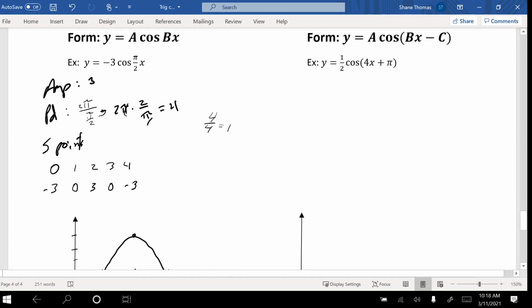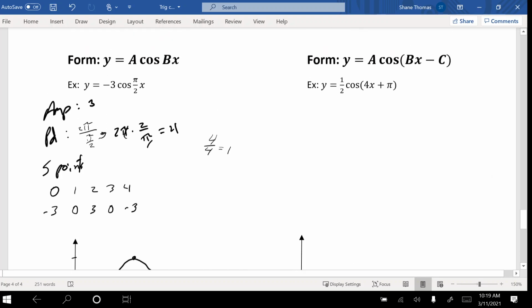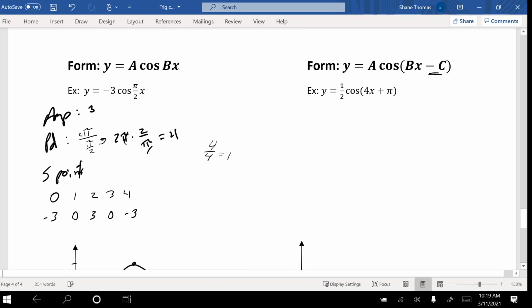Okay. So this one here, the form is y equals a cosine of bx minus c. So this one we're bringing the phase shift back into it. First thing I want to do is rewrite this a little bit. This is minus c, right? Remember I talked before that if it's a minus, then your phase shift is positive. Remember in the world of horizontal shifts, we're opposite. So on a minus, we had a positive phase shift.